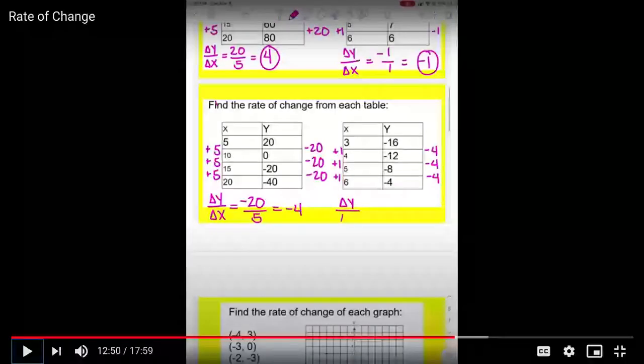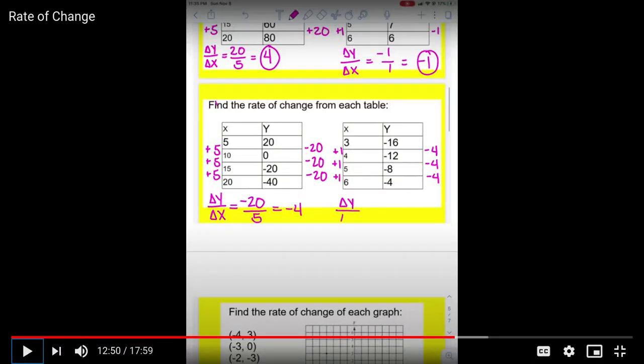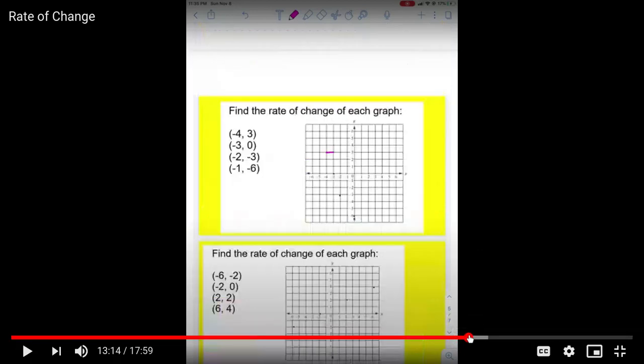So I got my signs wrong on here. So when I do my change in Y over my change in X on this table, I should have actually had positive 4 over positive 1 and gotten a positive 4 as my rate of change. Okay, so I'm going to skip that because I don't want you guys to see me do that completely wrong and get confused.